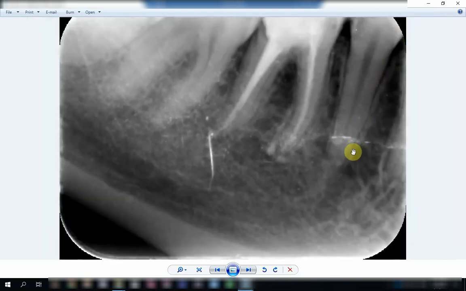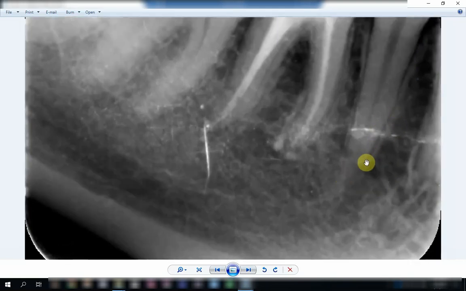If it is continuous over this area, I will enlarge. See the PDL? It is continuous when it passes by the mental foramen. It means that the mental foramen image is superimposed on the apex of the tooth.